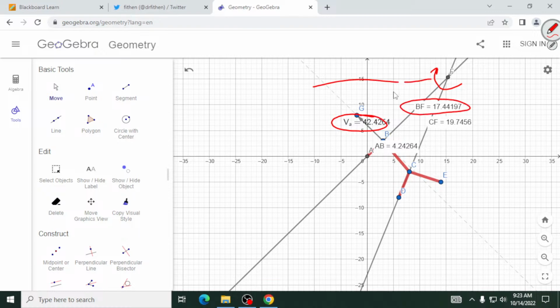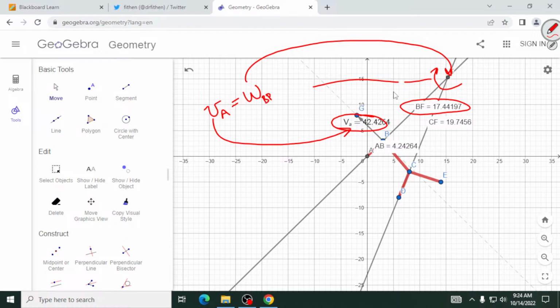So the velocity of A, which is the 42, is equal to the omega of this thing, which is BC, times BC times that distance, 17.44197.